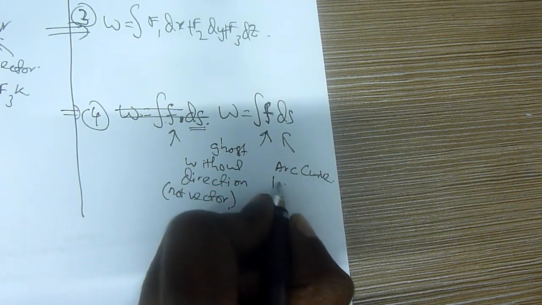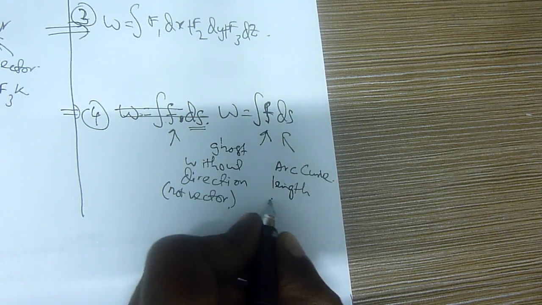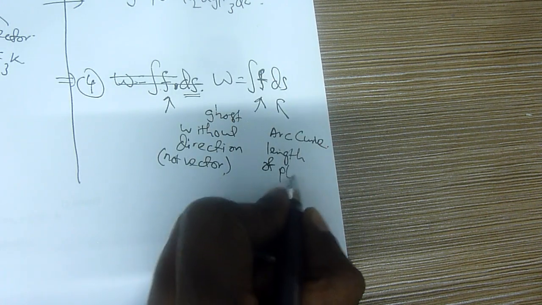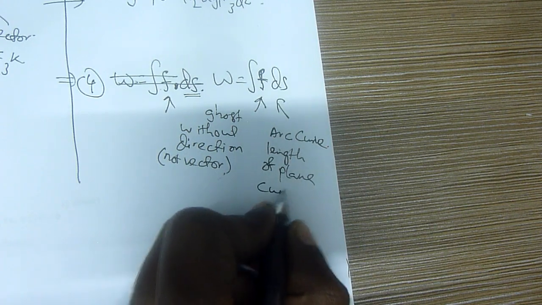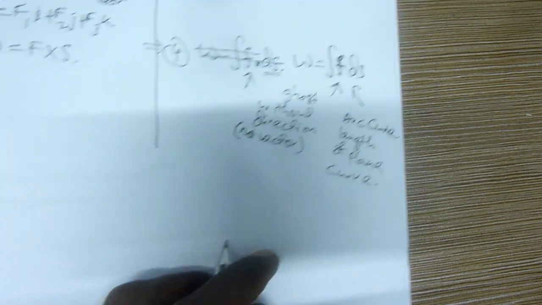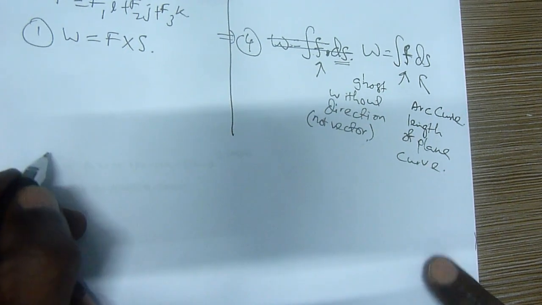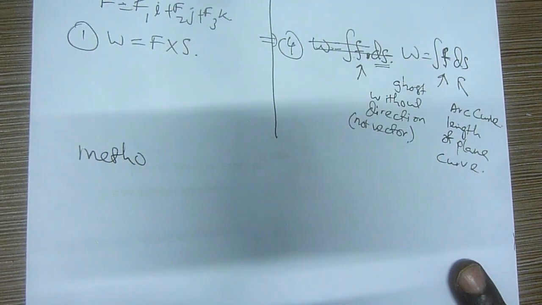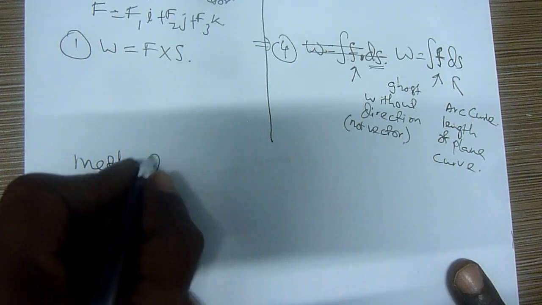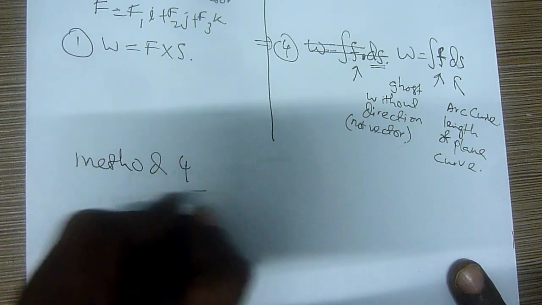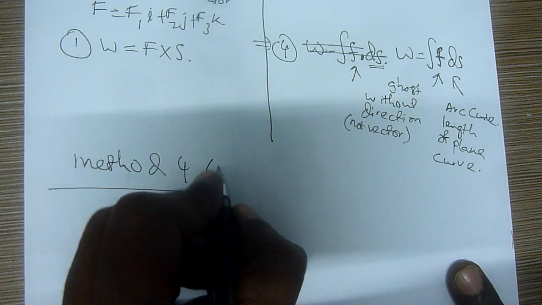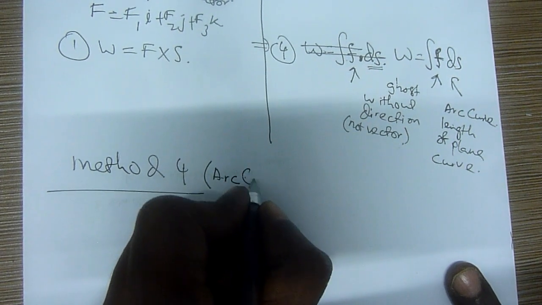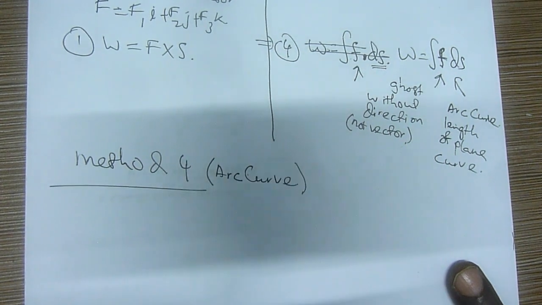Distance, we already calculated the length of a curve, or plane curve. This is what we're going to learn in our method. I'm going to introduce to you method number 4. Method number 4 is an arc curve.